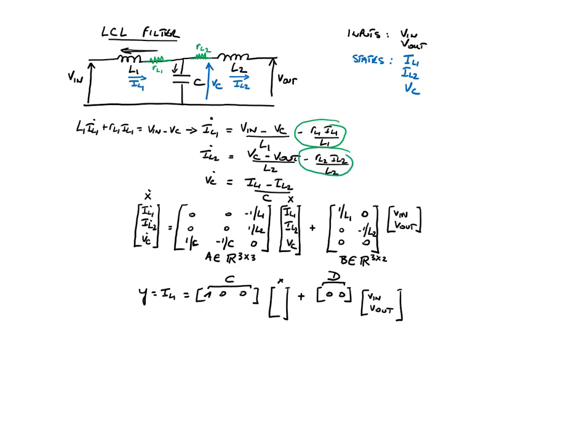So what we need to do now is adapt our state space description, and there will be a change over here. We'll have minus RL1 over L1, and minus RL2 over L2.